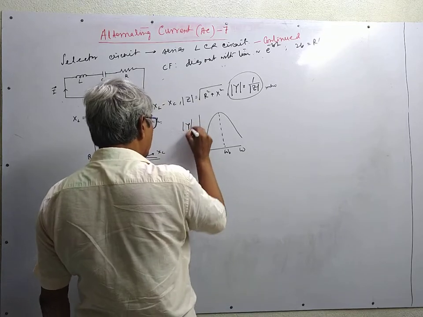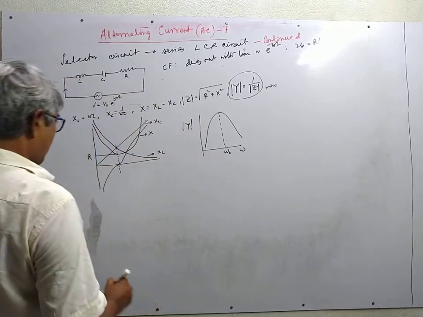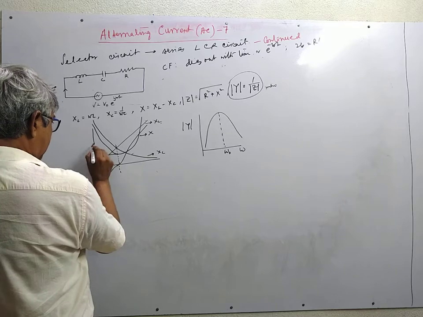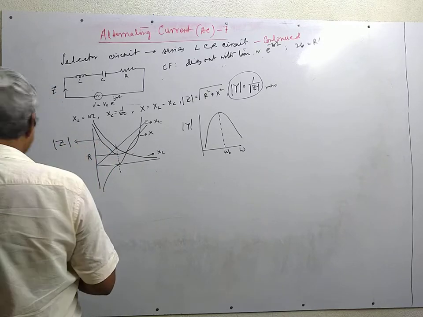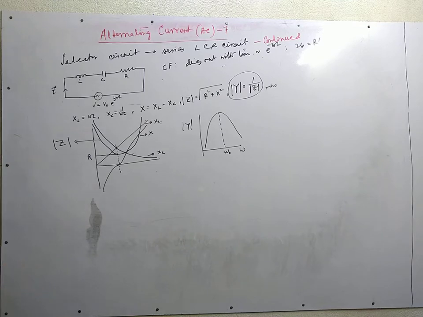So this is mod Y, and this curve is mod Z. So these are the variations.